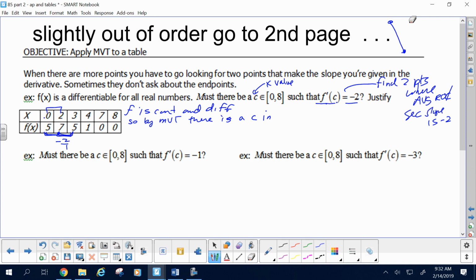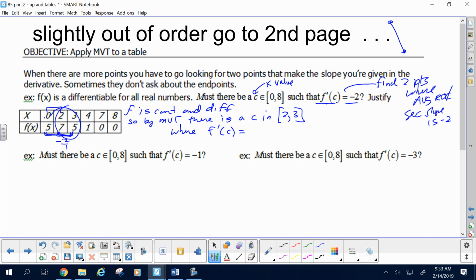That's a good question. So by MVT, there's a C in what interval are we looking at? 2 to 3. This is where we saw the rate of change going -2. So we'd say there's a C in 2 to 3 where f prime at C equals, now this is where we actually have to show where we're coming from.